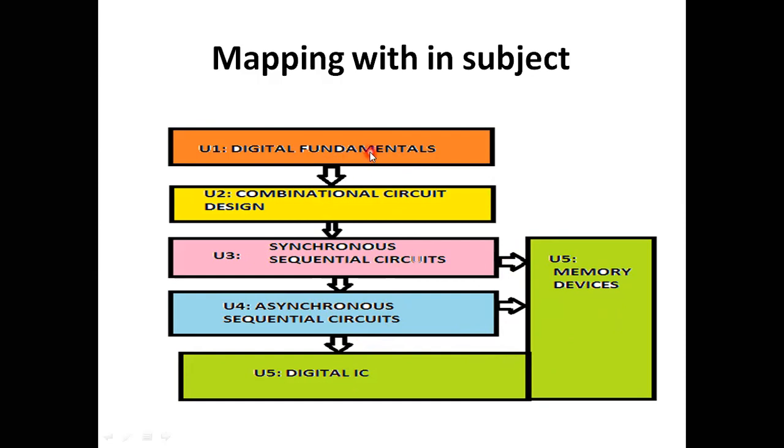So first starting from the basics, then simple circuit designs using combinational, then sequential. In that, synchronous is the primary part of sequential circuits. Then the advanced part is asynchronous sequential circuit design. Finally you can move into memory as well as digital integrated circuits.